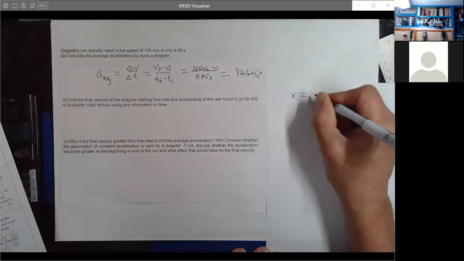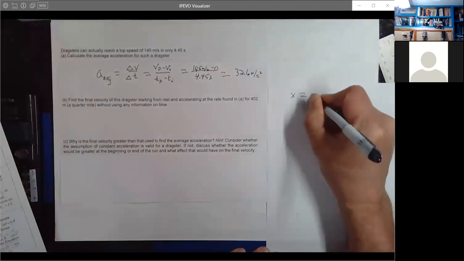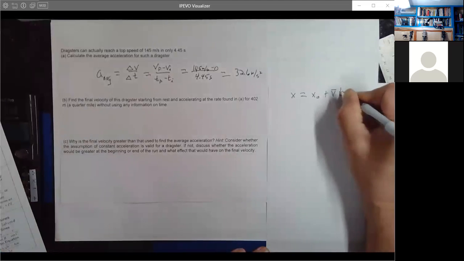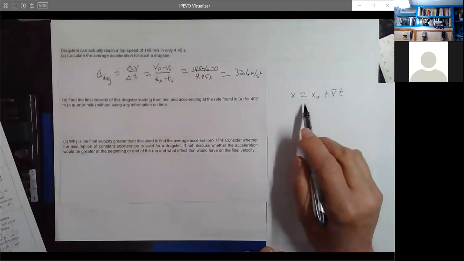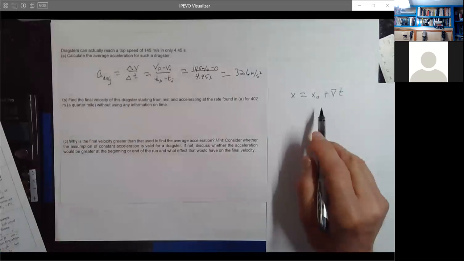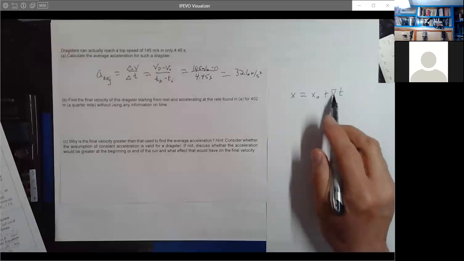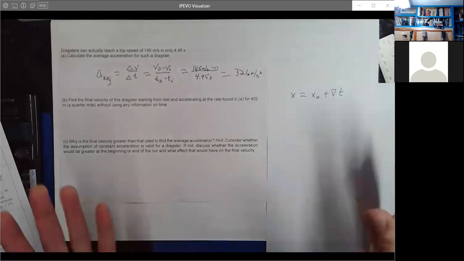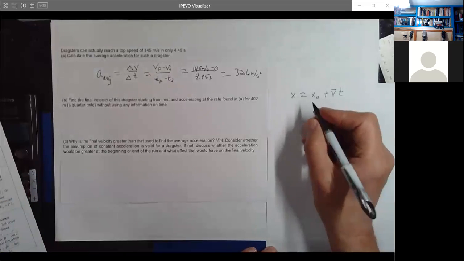One thing you can write is that x is equal to x naught plus v bar times t. Now, this is an equation that we usually use when we have constant velocity, but if you're using the average velocity, this one works. But we don't know that one here, so it's not going to apply.